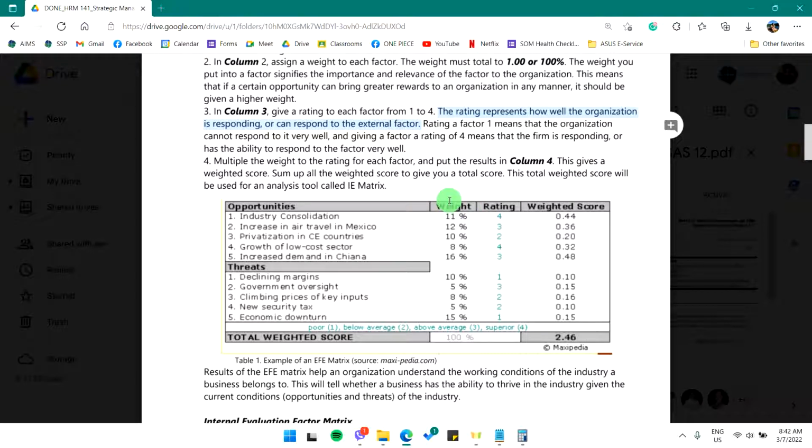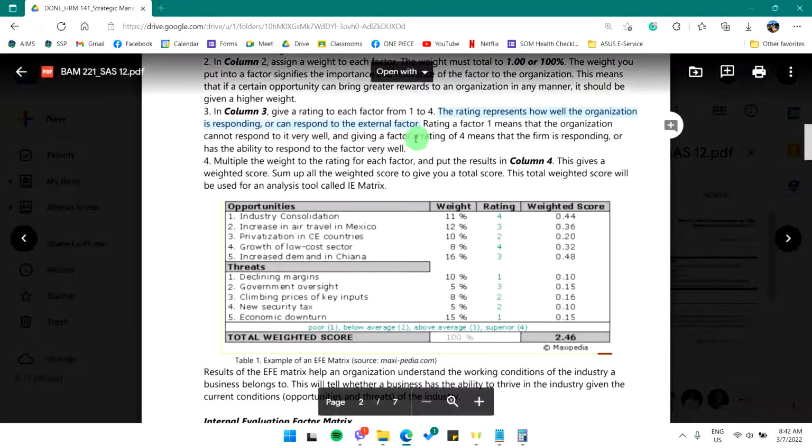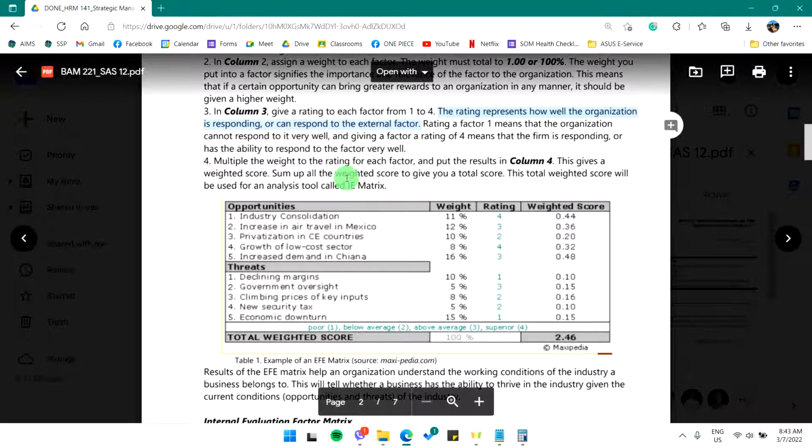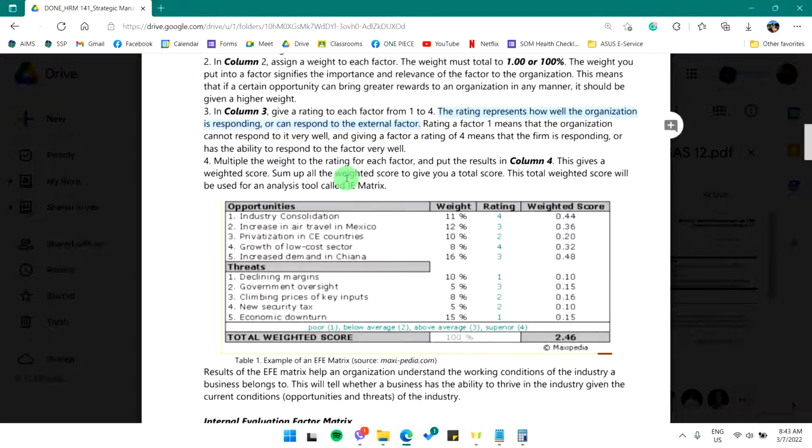So, sa rating natin, dito lalabas kung gaano kagaling or how well the organization is currently responding to that key factor. We will rate it 1 if the organization is not responding well, and we will rate it 4, ibig sabihin nun maganda ang pag-respond doon sa ganong klaseng factor or has the ability to respond to the factor very well.